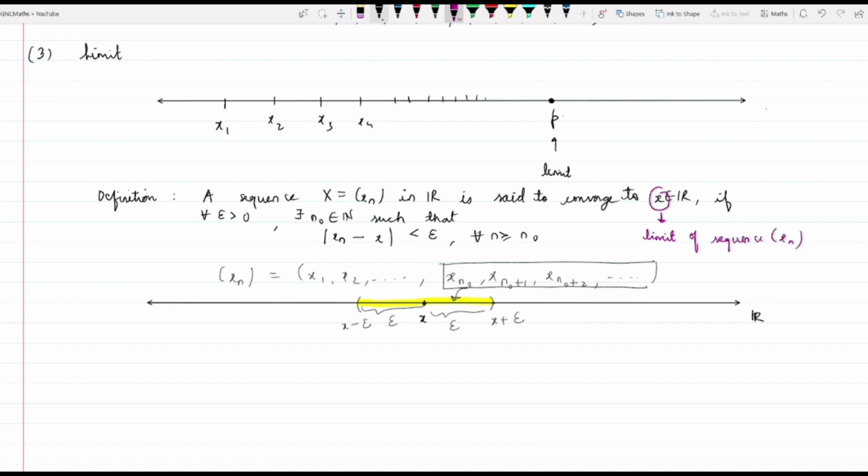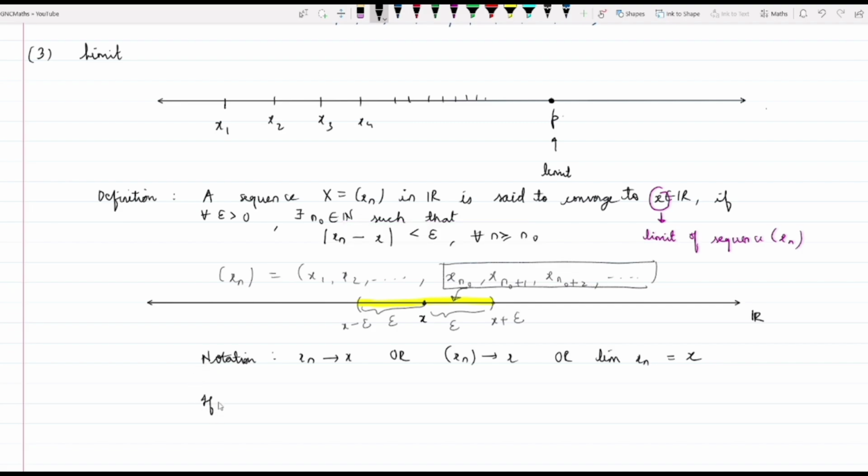And notation wise we write xn converges to x, or limit of xn is equal to x. If such a real number does not exist, we say that the sequence is divergent.